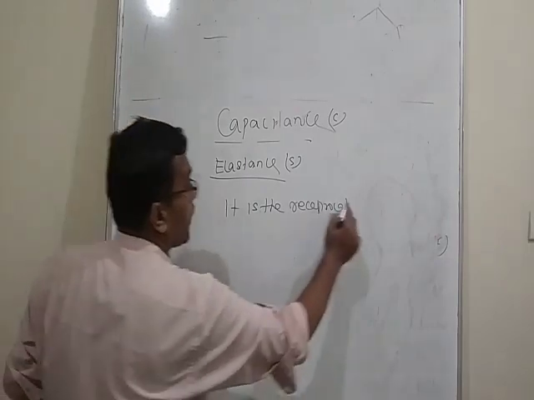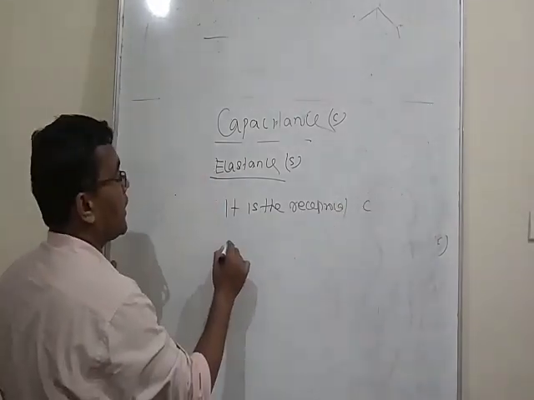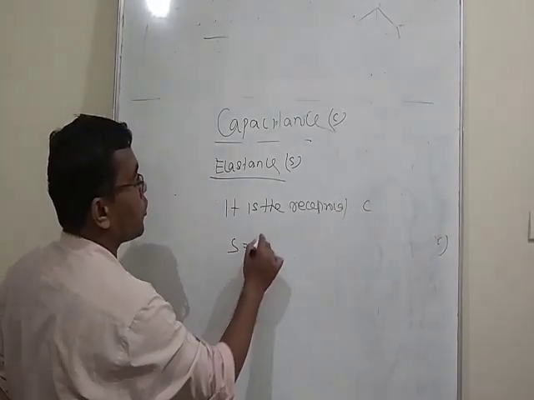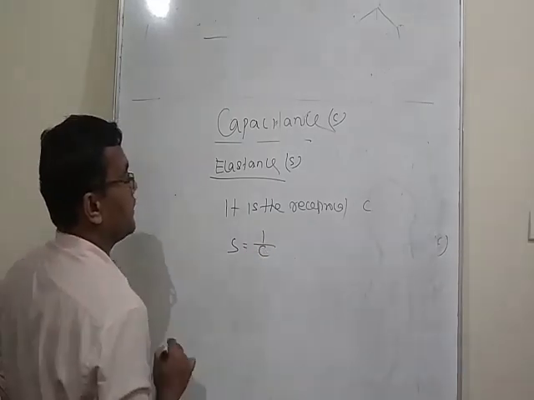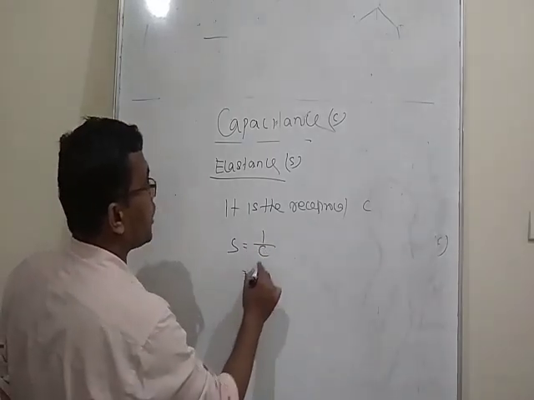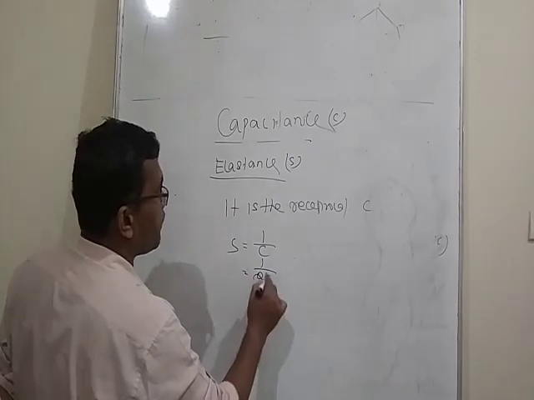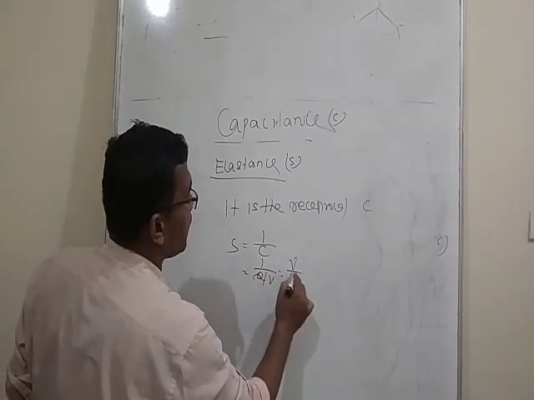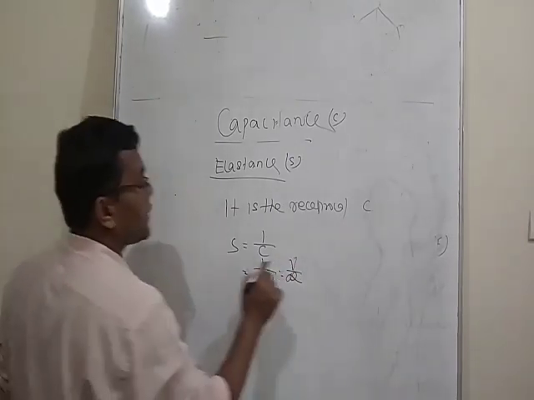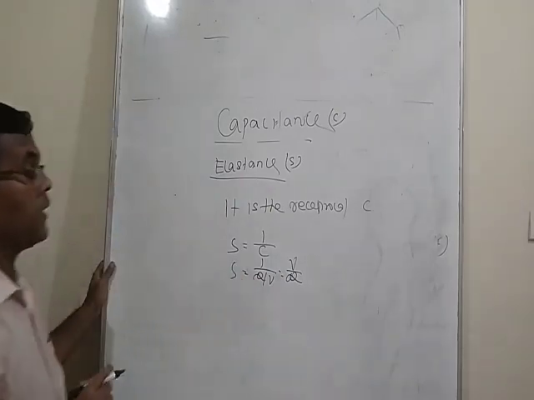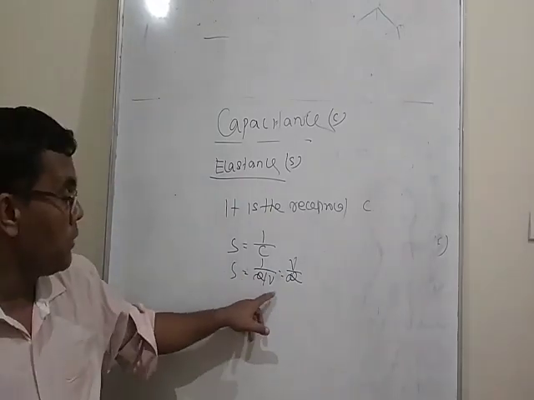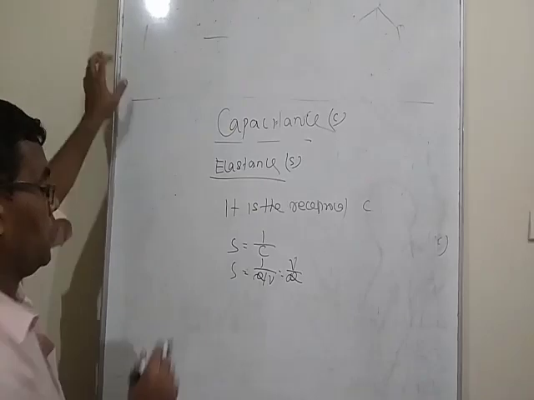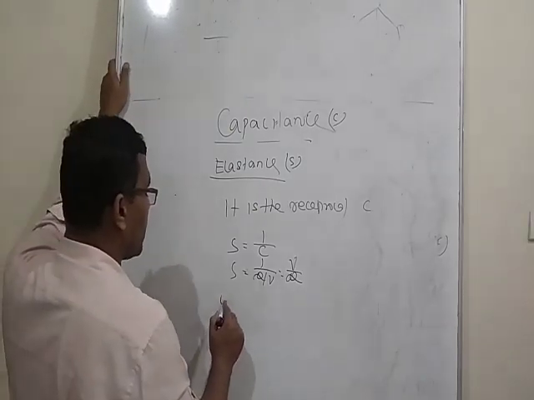So elastance S is equal to 1 by C, which is 1 by Q by V, that is equal to V by Q. Capacitance is Q by V, elastance is V by Q. Then what is the unit of elastance?